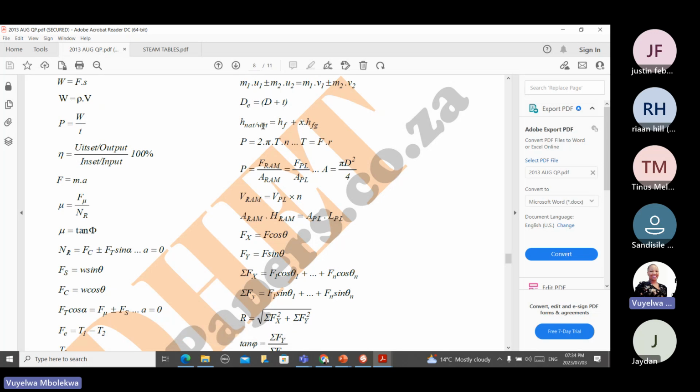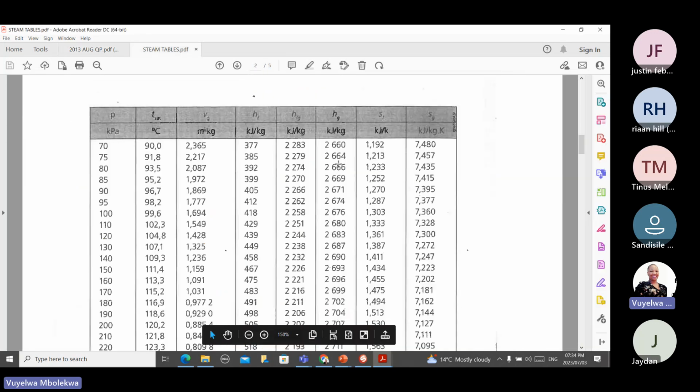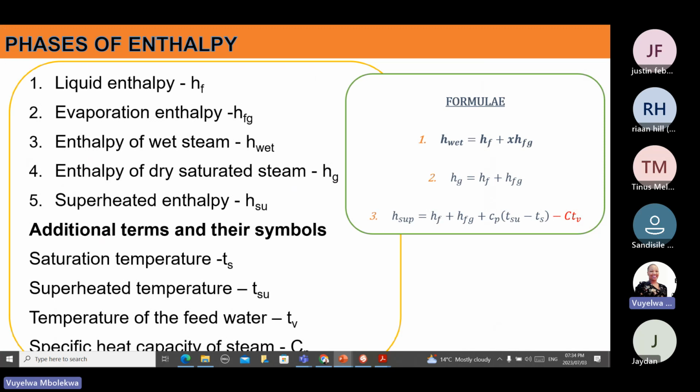The one for Hg is Hf plus Hfg without the X. But like I said, you don't need it because you get Hg on the table directly. You only need to know either the pressure or the saturation temperature, and then you can get your Hg directly from the table.